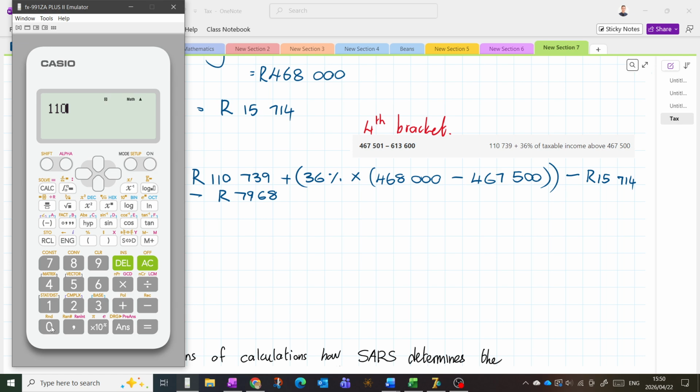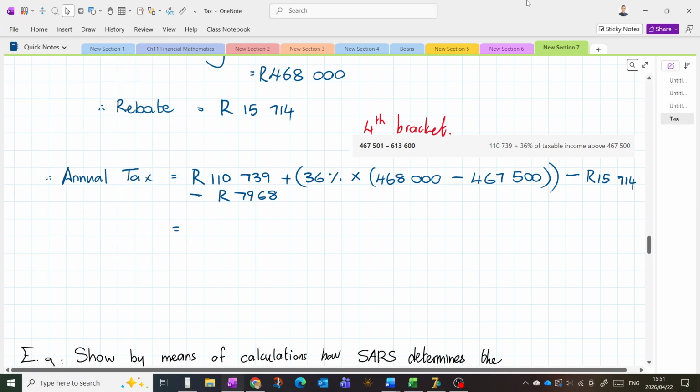I'm going to do the 110,739 plus 36% of 468,000 minus 467,500, minus the primary rebate minus the tax credits, the medical aid credits. Which means the tax that he still needs to pay is going to be 87,237 Rand.